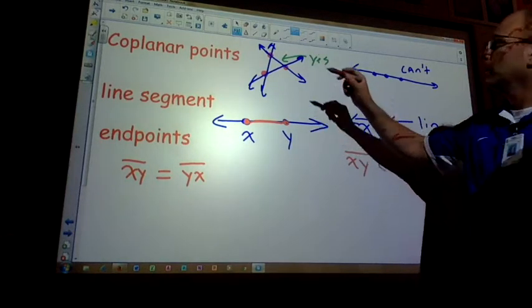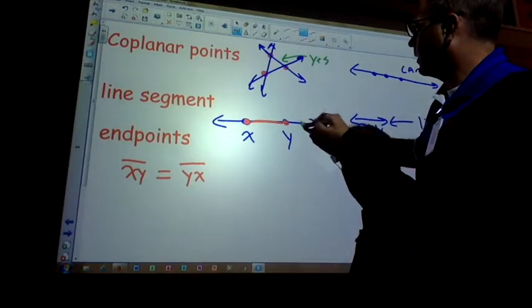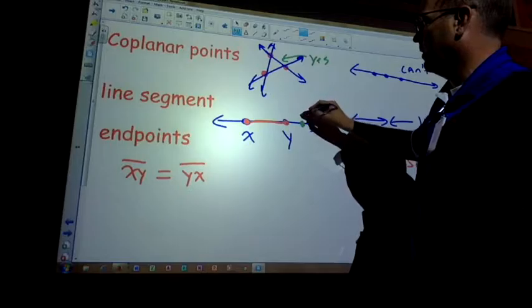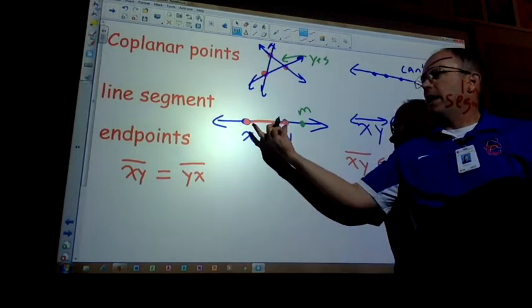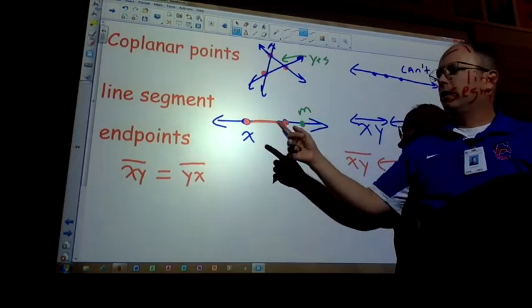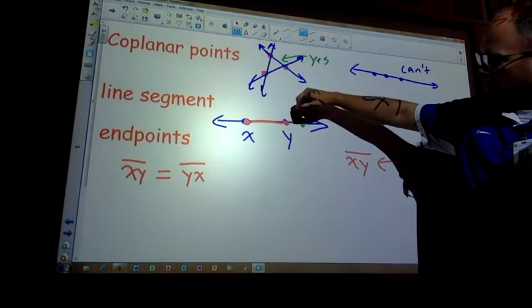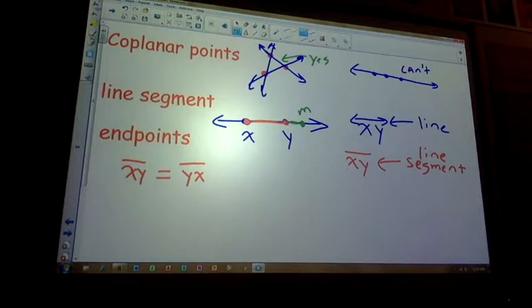Now, let's just put an arbitrary letter in there. Let's call it M. Okay? Line segment XY is not the same as line segment XM because X to M would also include this region here. So if I have three points defined on a line segment, the two furthest out ones are the ones that identify what that actual line segment is, not the inner one.